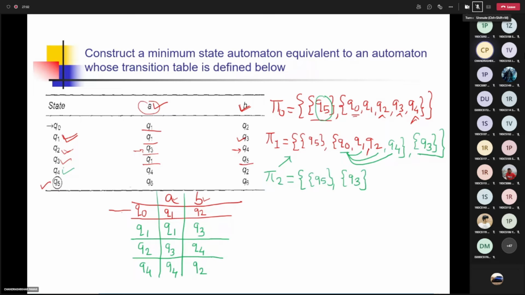So student, now we have to check the equivalence of Q0 with the Q1, Q2 and Q4. So when we are preparing the pi 2, we have to check into the pi 1. This thing you must remember.